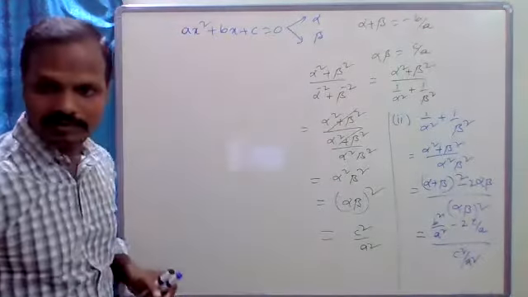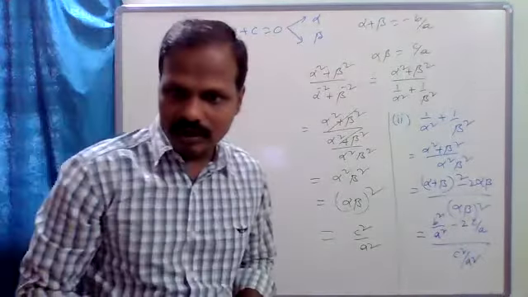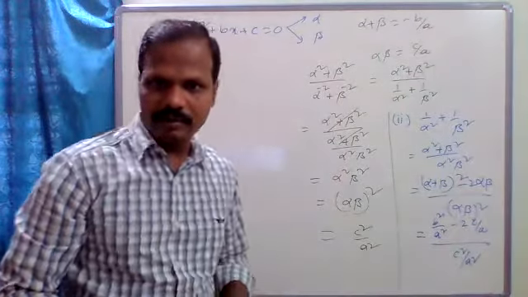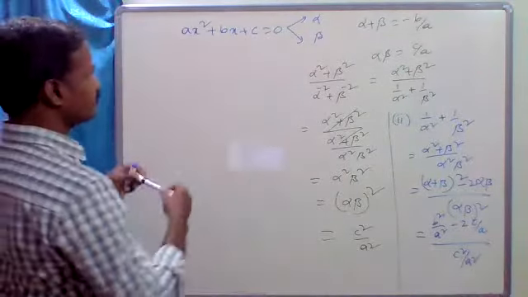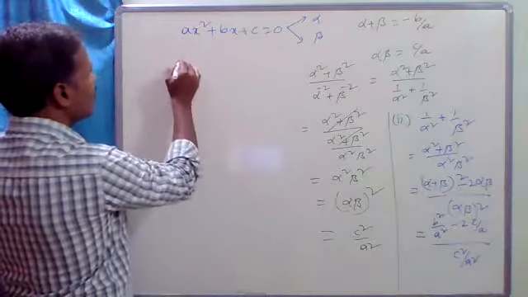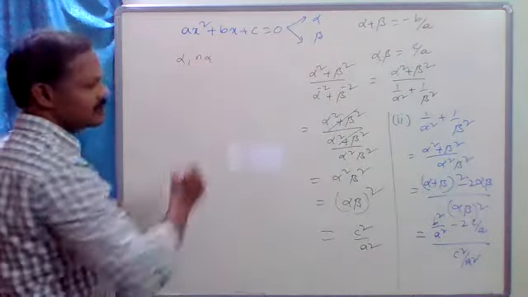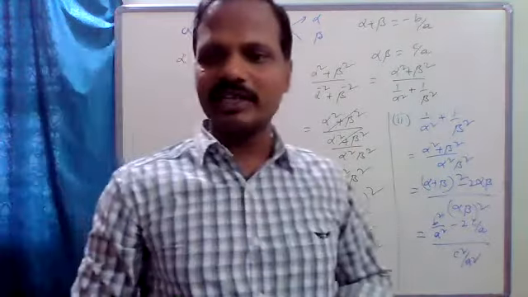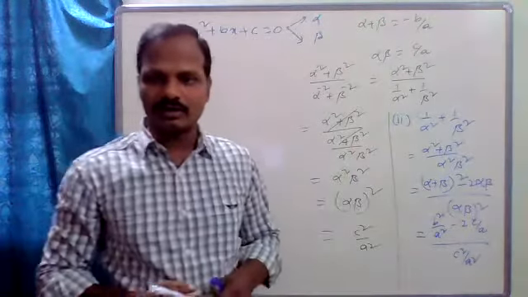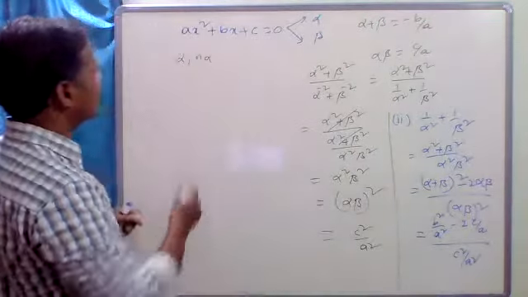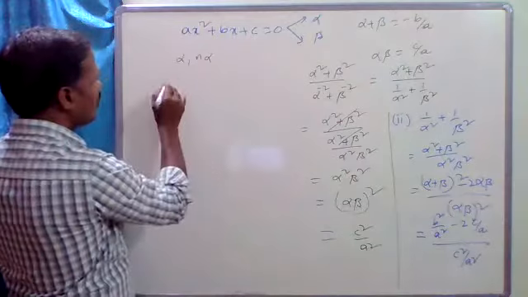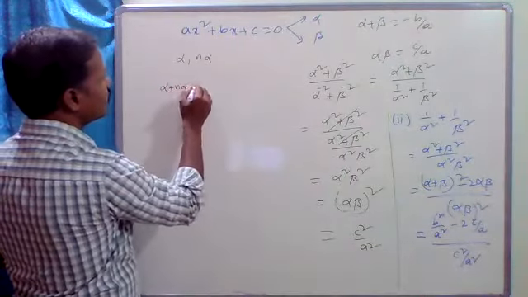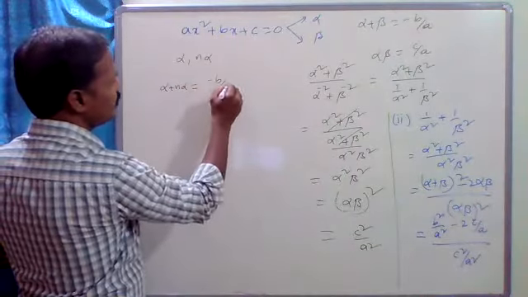So the problem asked by Mamata. The roots are alpha and n alpha, because one of the roots is n times the other root. So alpha plus n alpha equal to minus b by a, sum of the roots.